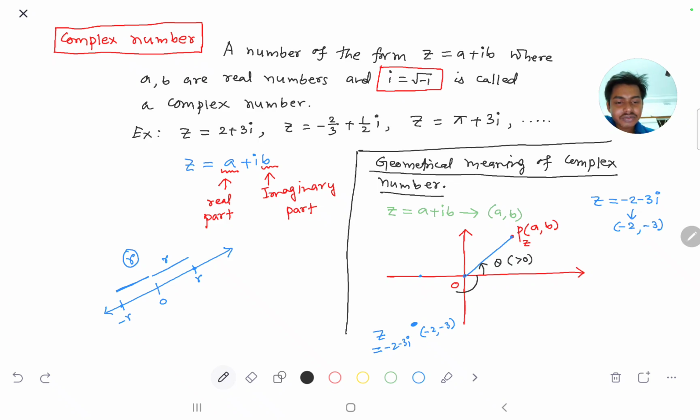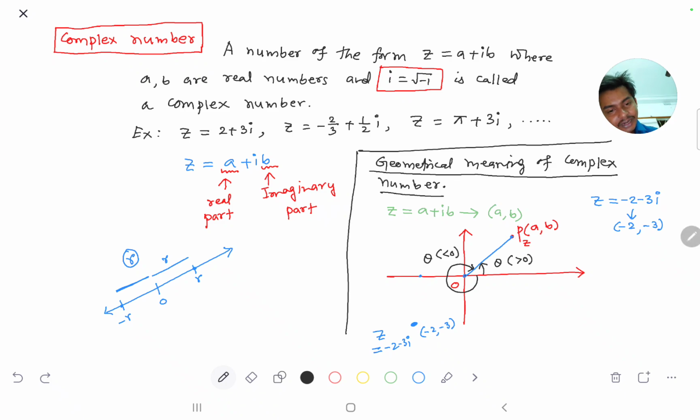If we take it the other way, then the theta we get will be a negative value. Either clockwise or anti-clockwise, any one of the values of theta we will consider and call it the argument of the complex number z, which we will see how to calculate.